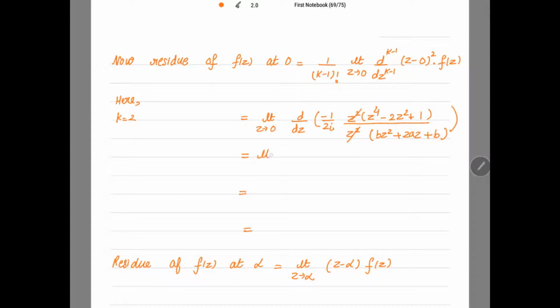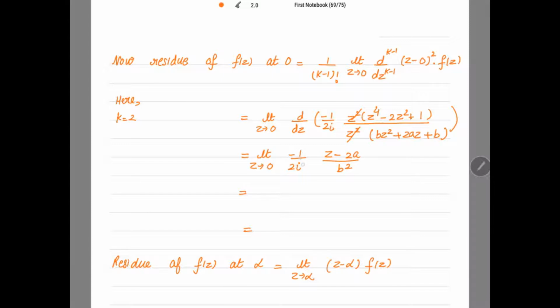This is equal to limit z tends to 0, minus 1 over 2i, d by dz of, okay, you have to find the derivative of this function with respect to z, right? And when you find the derivative of this function, you will get z minus 2a over b square.